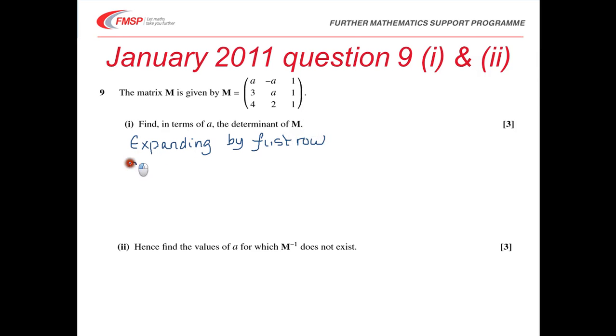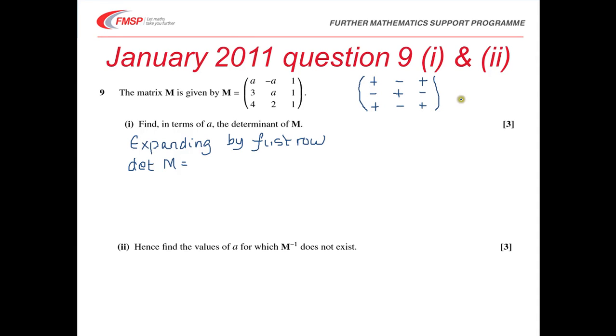And so when we do this, to find the determinant, associated with a 3 by 3 matrix is a matrix of signs. So we need to use this when we're finding either the determinant or in fact the inverse of a 3 by 3 matrix.